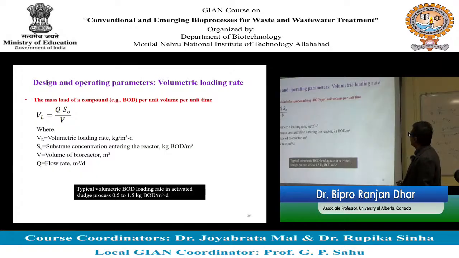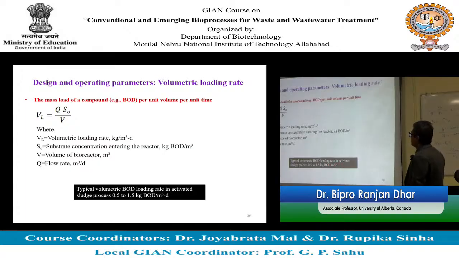From the unit you can see it's kilogram per meter cube per day, kilogram of BOD, so this is the mass load of organic in your system per day. The typical range of volumetric organic loading rate for the activated sludge process is 0.5 to 1.5 kilogram BOD per meter cube per day.